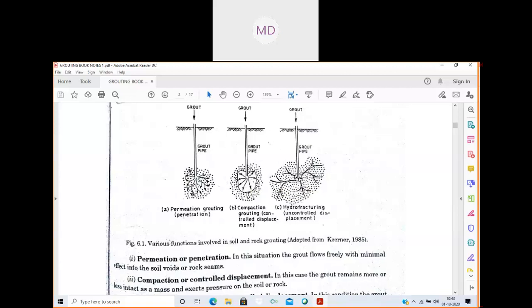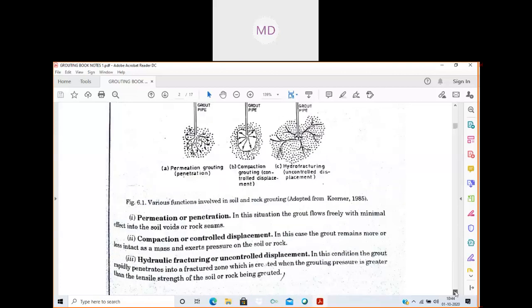Because of the pressure applied by this compact mass, the soil surrounding it gets compacted, and as a result the voids get diminished, or the voids that are present get removed. So the voids around this mass get diminished and removed. So this is the difference. I hope you have understood the difference between permeation grouting and compaction grouting.